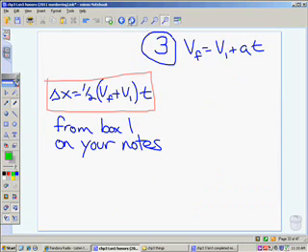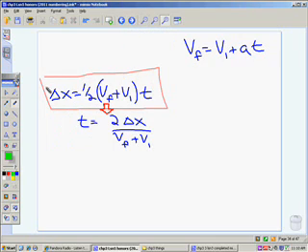Anyway, here we go. Box number 3. We're going to start off with the equation we had from box 1 of your notes, and this equation here that we also had previously. Now, with this box, we can rearrange this, we can solve for t, and we get this fraction.